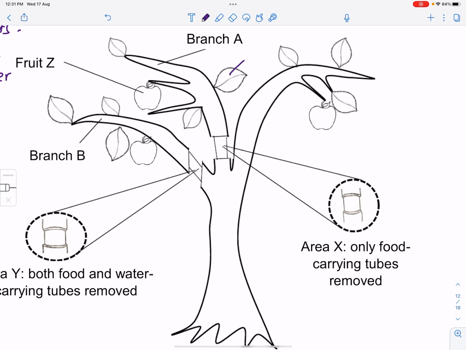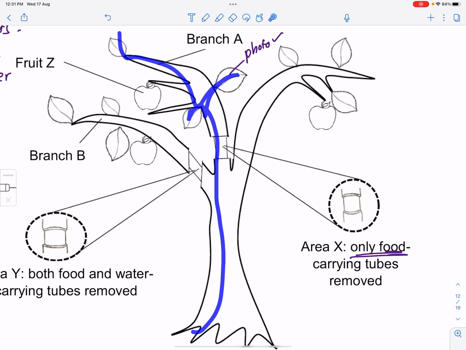No issue. Why? Because only the food carrying tubes are removed, so water can still travel from the roots up to these leaves. They can carry out photosynthesis.